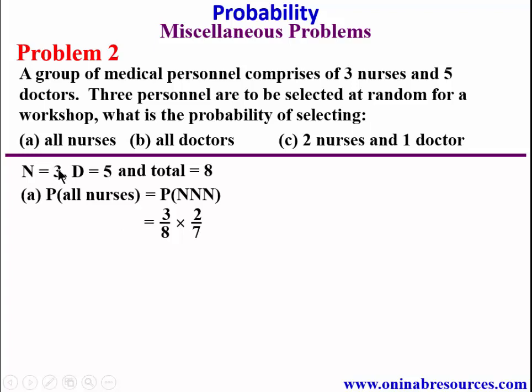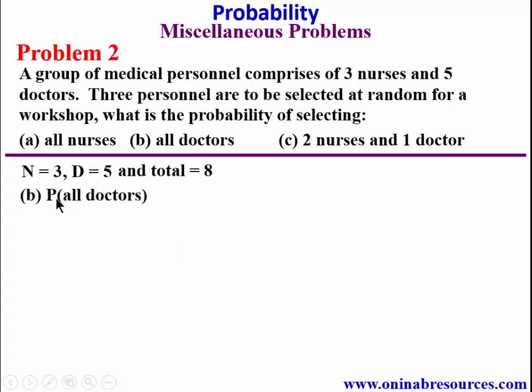Then we are now left with 1 nurse and 5 doctors, making a total of 6 after the first 2 selections. So the probability of picking the third person to be nurse will now be 1 over 6. So simplifying this, we have it as 1 over 56. So we now go to B part of the problem.